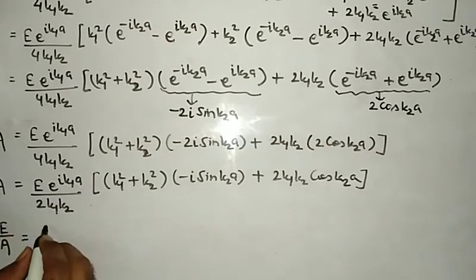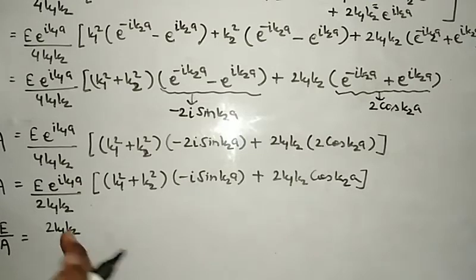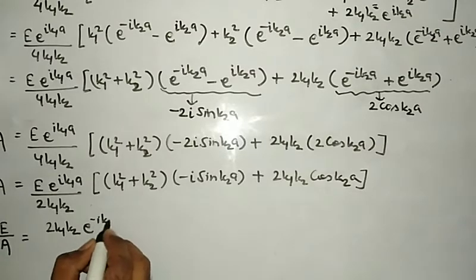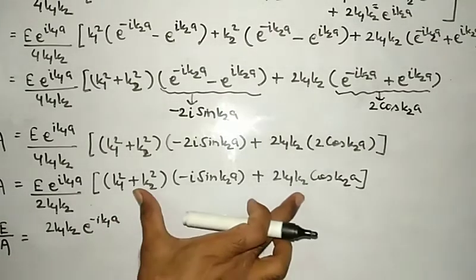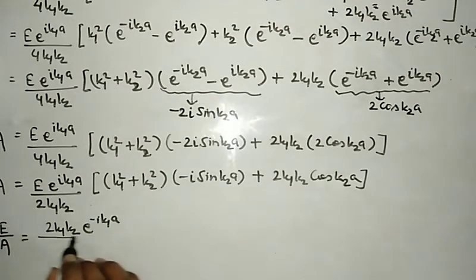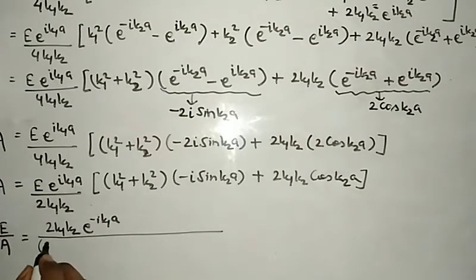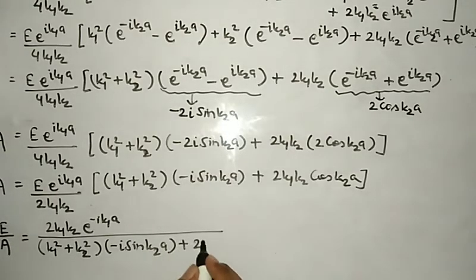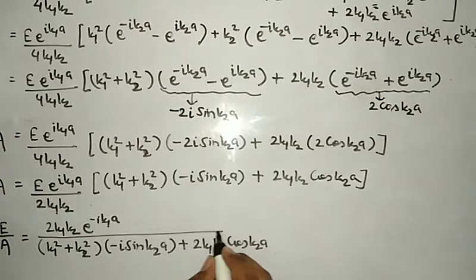Shifting this, we get 2 k1 k2 in the numerator and e to the power minus i k1 a, and in the denominator k1 square plus k2 square times minus i sin k2 a plus 2 k1 k2 cos k2 a.